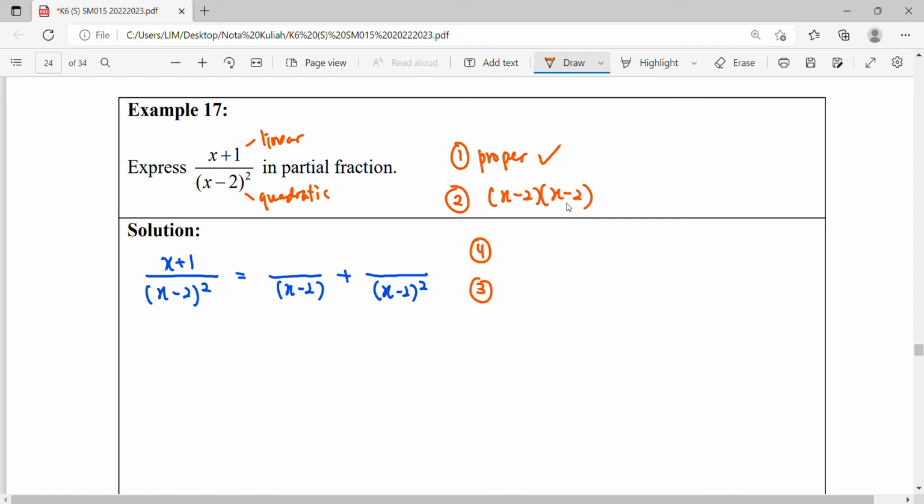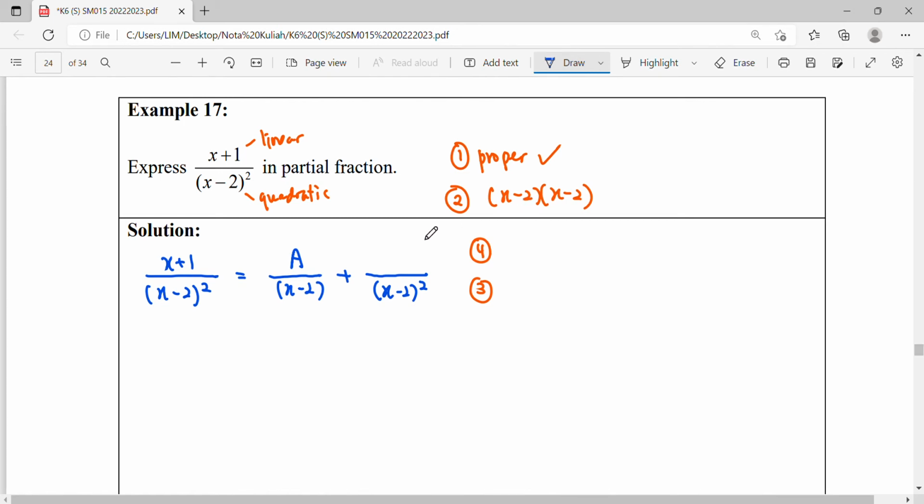Step number 4, we're going to determine what the constants are. As we can see, this is a linear factor, which means the numerator up here must be smaller than linear. It will be a constant A. When we move to the repeating factor, inside the bracket x to the power of 1 is considered linear.